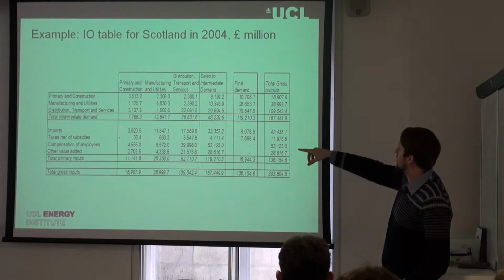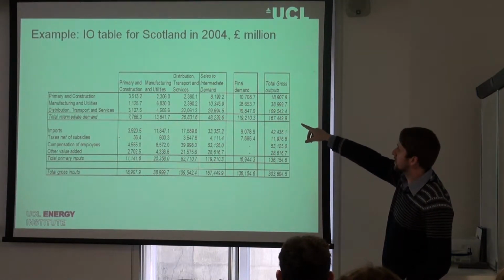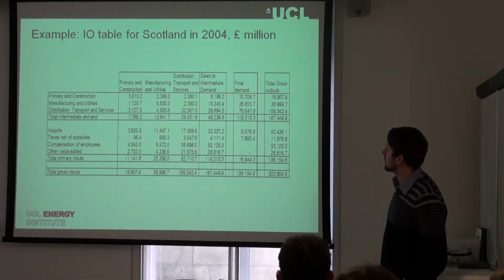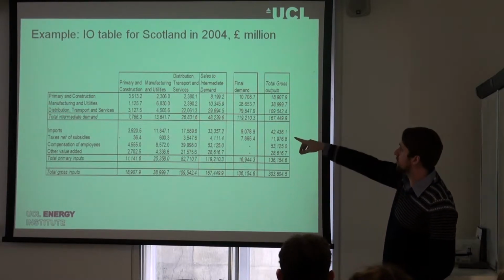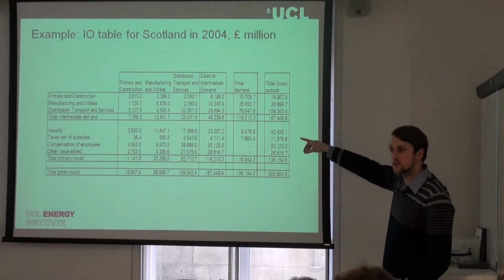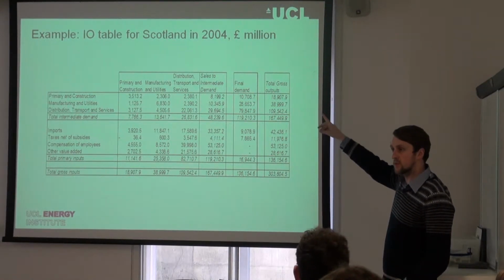It's basically a matrix where you're seeing primary and construction sector purchasing 3,513 million from itself, and then you can see manufacturing and utilities are purchasing that from primary construction. Basically, that's how you would read the table.